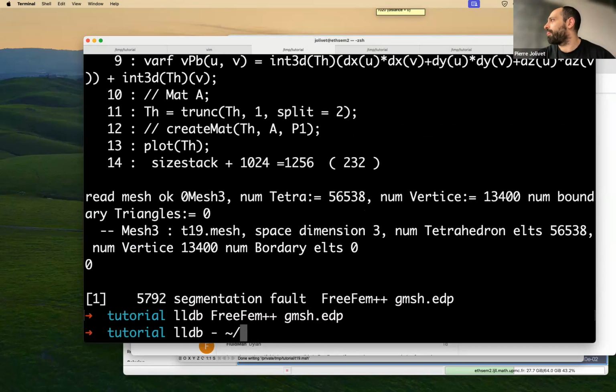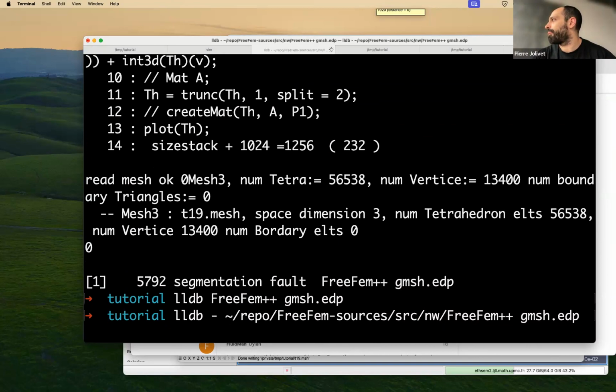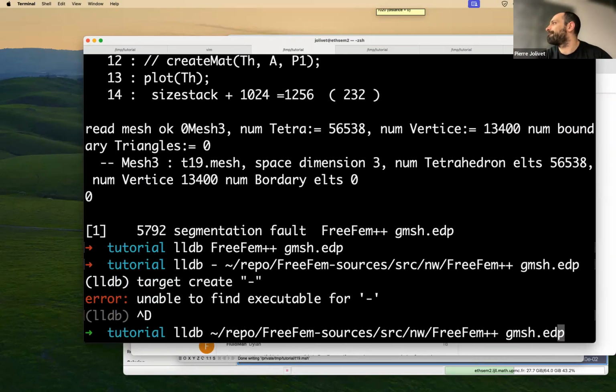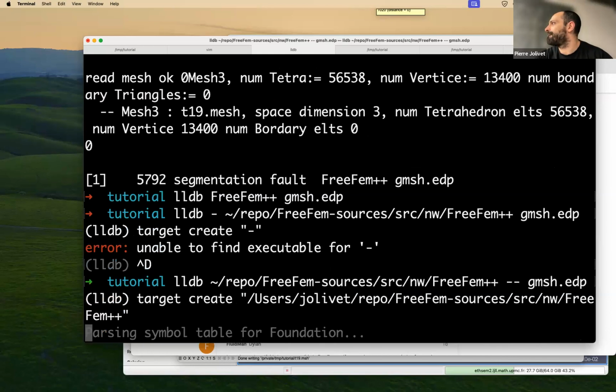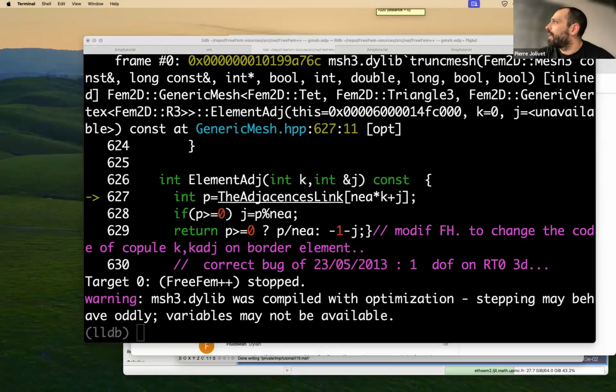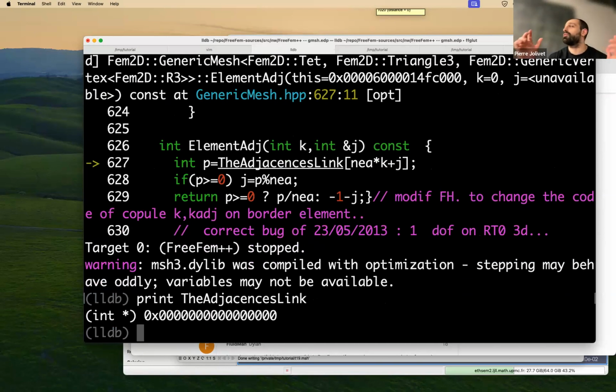LLDB. Seg fault in adjacent link. Okay, I guess we are doing something that we shouldn't do. Dereferencing a null pointer is not very often a good idea.